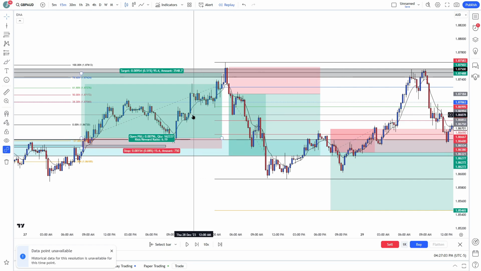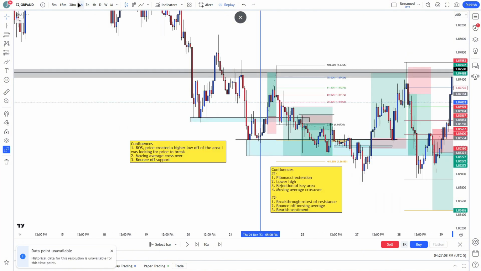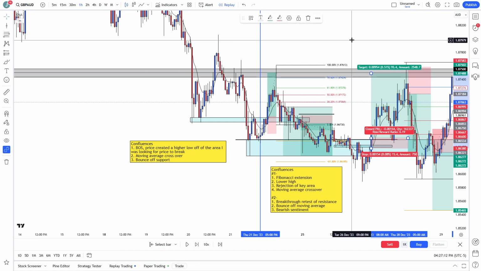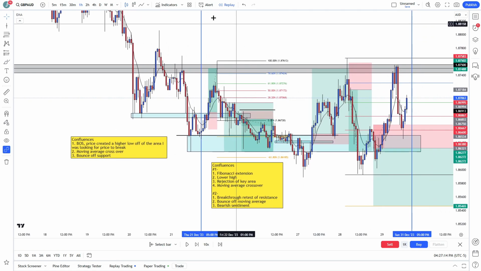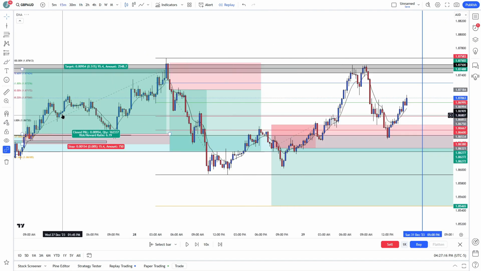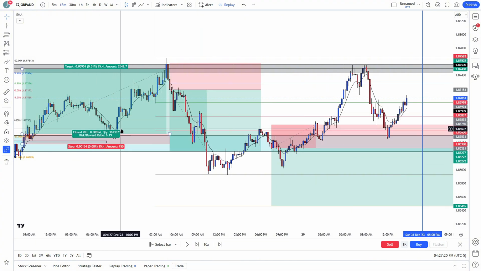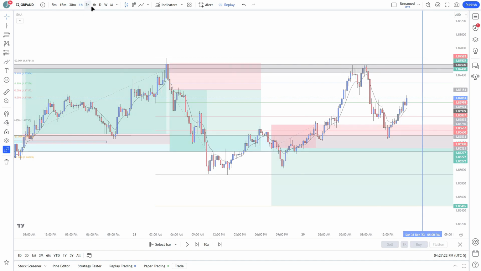And if you see this, you could have re-entered. But honestly, those aren't the most structured entries. This would have been the most structured, but I don't think I would have re-entered here.